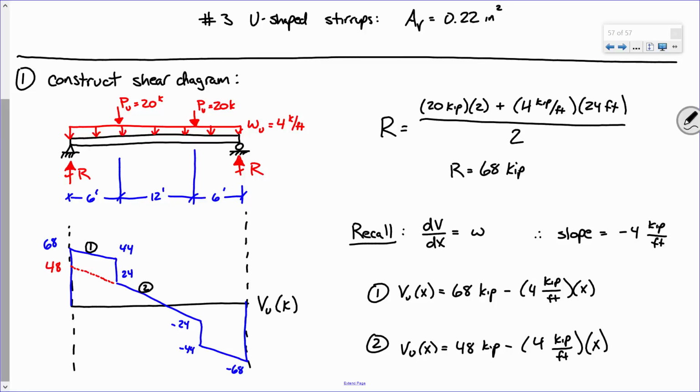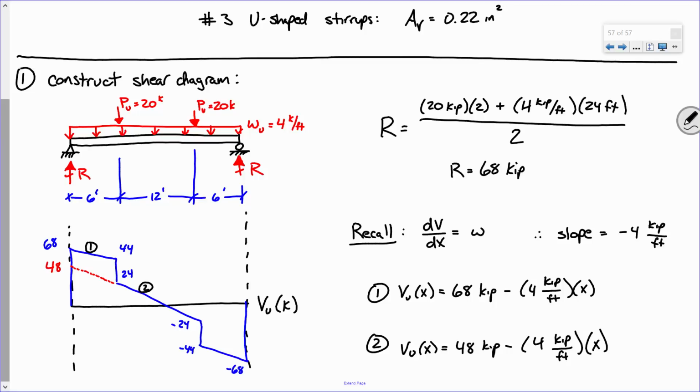Now, how did I just pull those numbers out of thin air? What's the equation of a line? mx plus b. What is m? It's the slope of that line, which is -4. Well, what's b? It's the y-intercept. For the first region, where do we cross the y-axis? 68. Where do we cross it here? 48. Does that make sense?